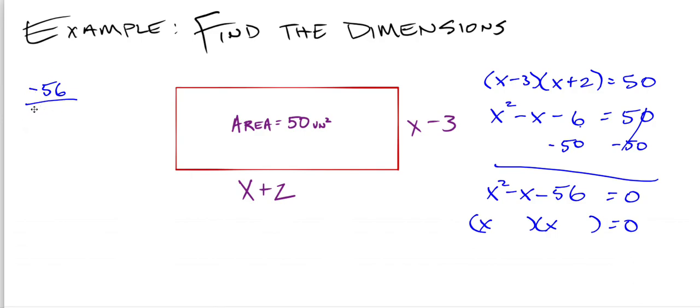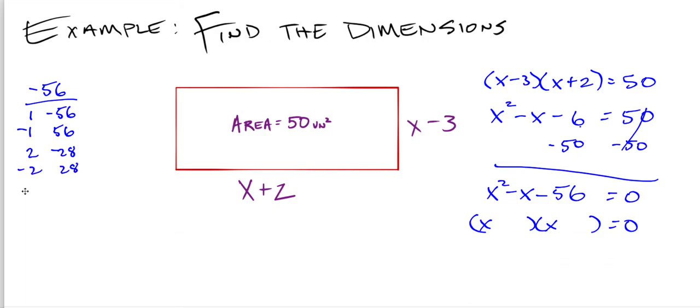Negative 56. So to get a negative as an answer, one of the two of them has to be negative. So 1 and 56, so I guess it would be 1 and negative 56, or negative 1 and 56, which is kind of annoying. Then I move to 2. Half of 56 is 28. Is that right? Sounds right.